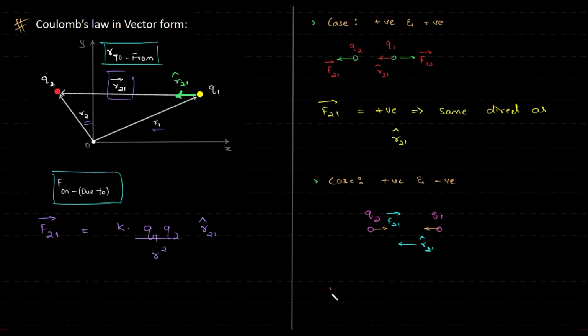And here F21 will be negative, which implies that the directions of the unit vector and F21 are opposite. Same direction, and this is in opposite direction as our R21.